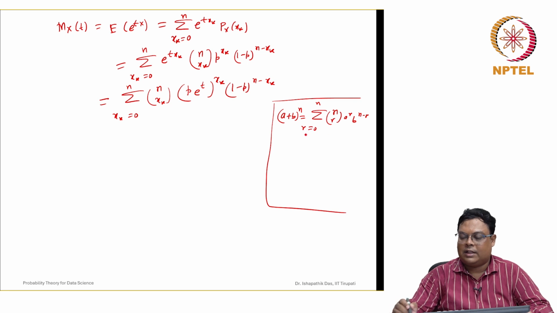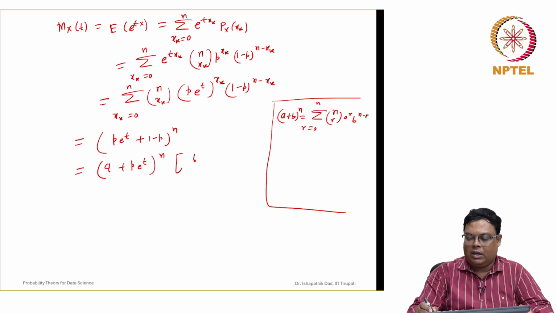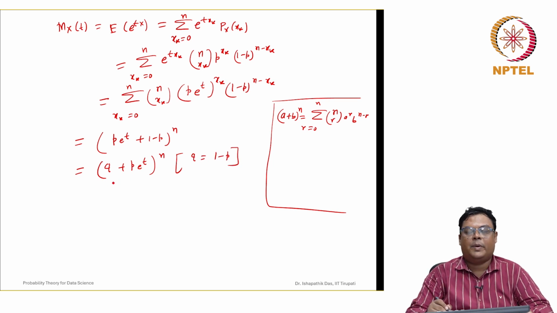Then it is nothing but the sum over x_k from 0 to n of nC x_k a to the power of x_k (1 minus p) whole to the power of n minus x_k. So by (a plus b), this is (p e to the power of t plus 1 minus p) whole to the power n. Now we denote 1 minus p as q, so it is (q plus p e to the power of t) whole to the power n. So q is equal to 1 minus p. This is the moment generating function of the binomial random variable.